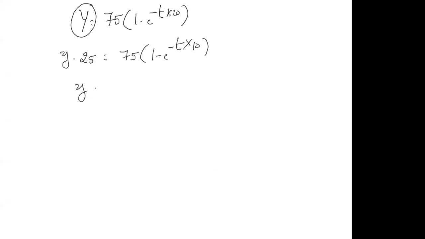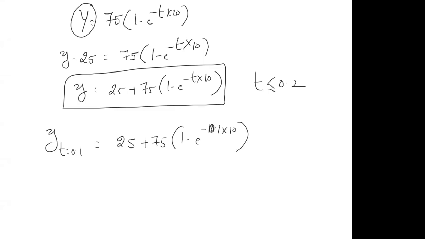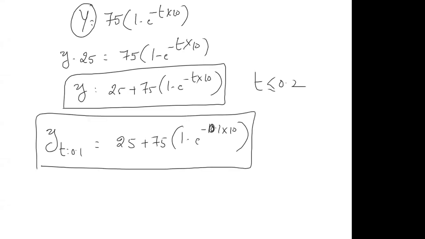This is capital Y, that is small y minus its steady state value, which is 25. So y equals 25 plus 75 into 1 minus e power minus 10t. This is the temperature of the thermometer when time is less than or equal to 0.2. So the reading of the thermometer at 0.1 is 25 plus 75 into 1 minus e power minus 0.1 into 10. Just calculate this value.